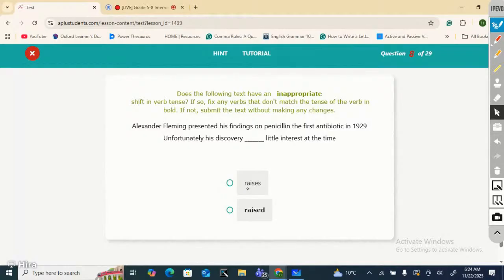If you look at this sentence, Alexander Fleming presented his findings. Presented is the past tense verb. He presented his findings on penicillin, the first antibiotic, in 1929. Unfortunately, his discovery blank little interest at the time. So raises or raised? Raises is the present tense verb.